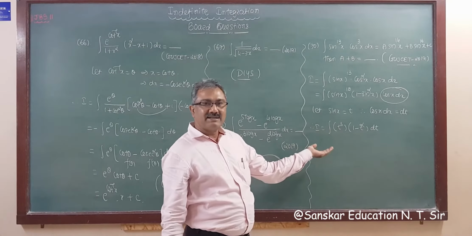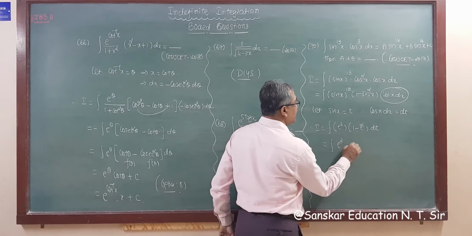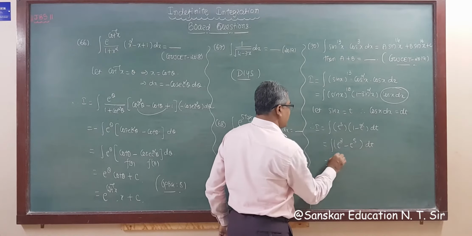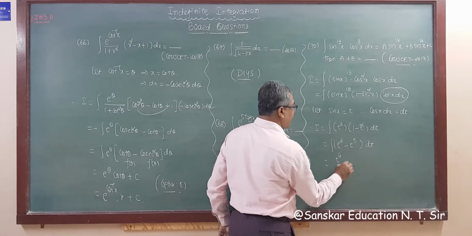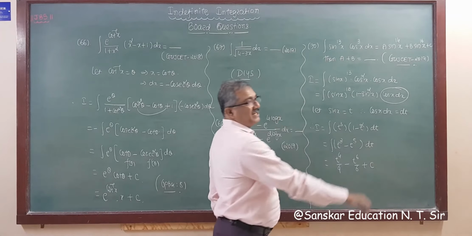Right, now this is a very easy integration. Multiplying this, we get t cube minus t raised to 5 dt, and the integration of this is t raised to 4 divided by 4 minus t raised to 6 divided by 6 plus c.